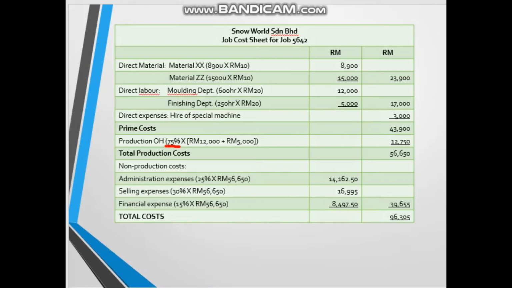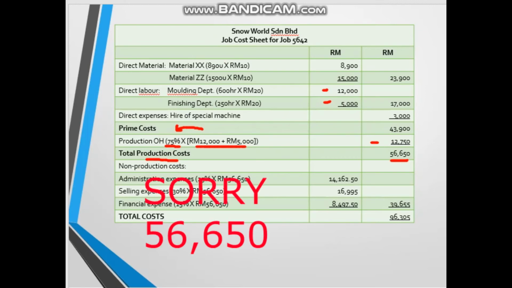Our labor cost is 12,000 plus 5,000, so we do 12 plus 5 and then times 75%. So this is what we get, the overhead. We add up and then we get the total production cost, which is 56,560.